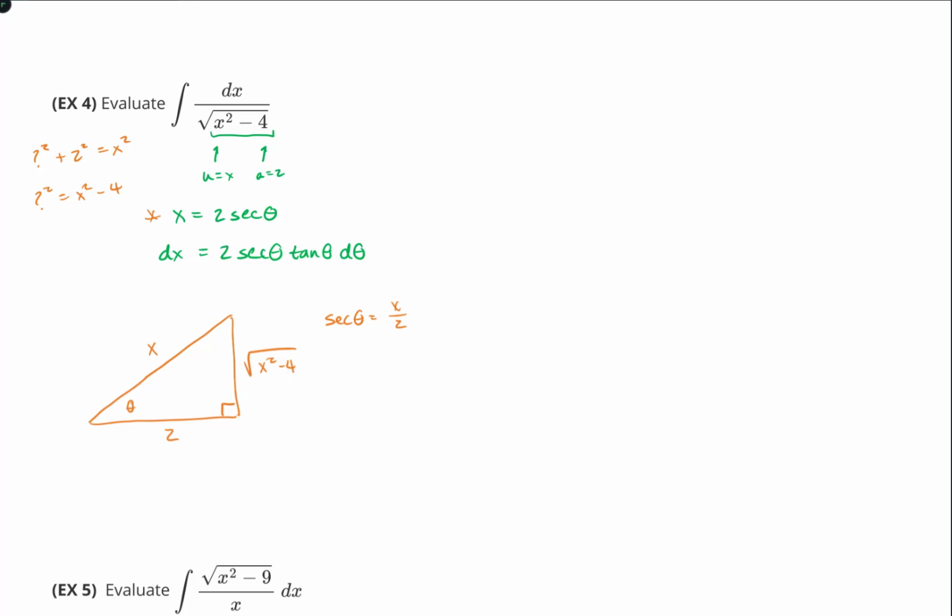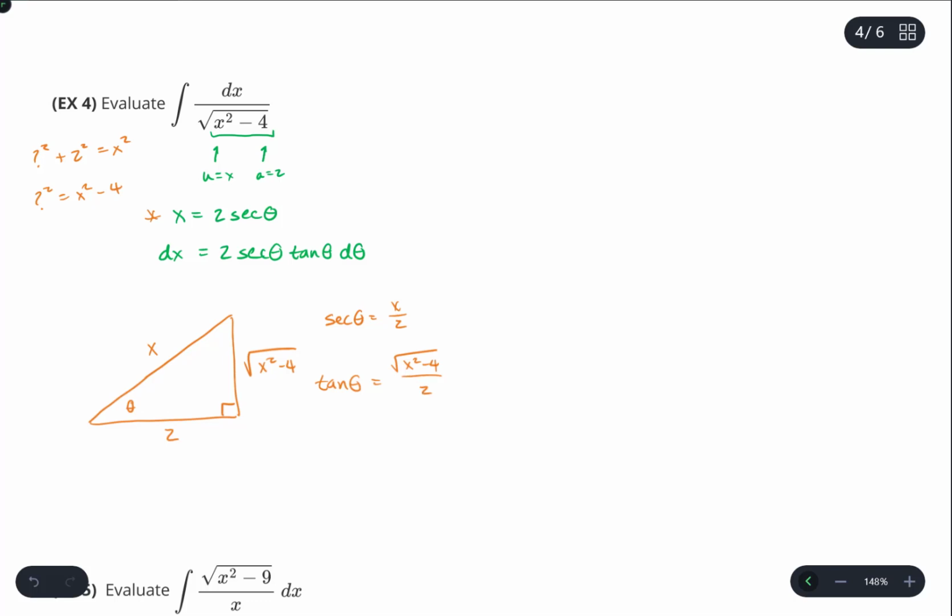So I'm going to say that the tangent of theta is the opposite side over the adjacent side, or 2 tan theta is that square root exactly.